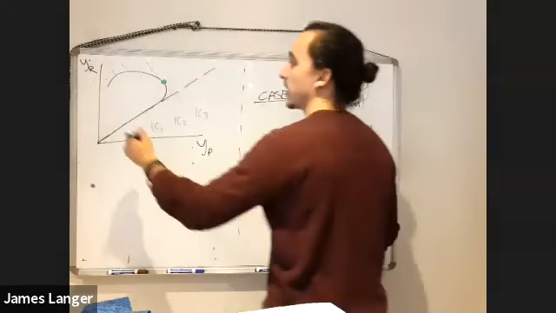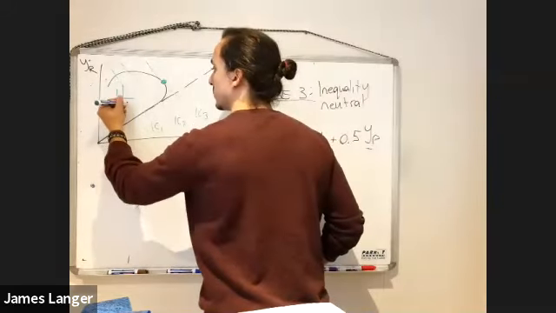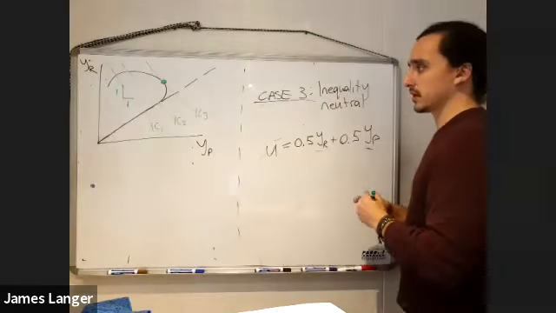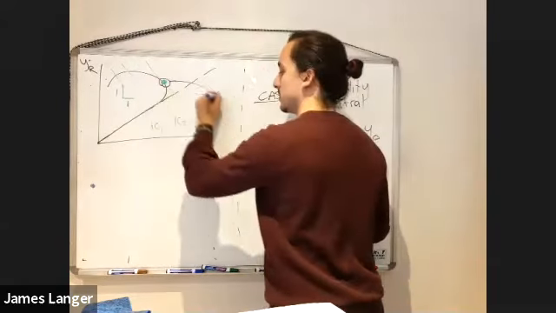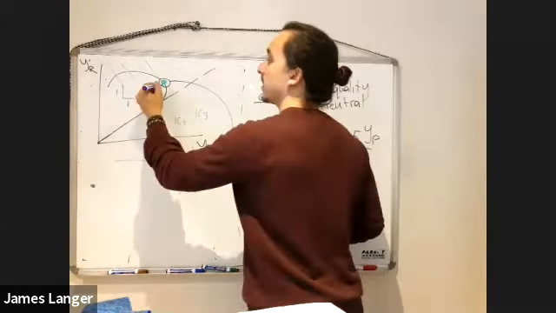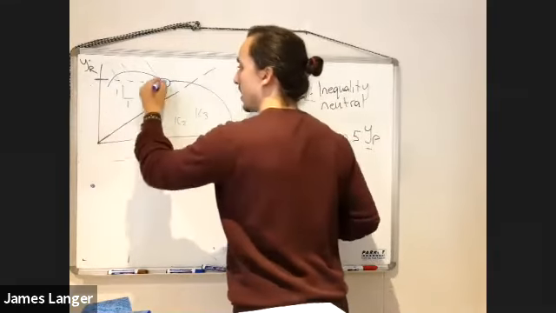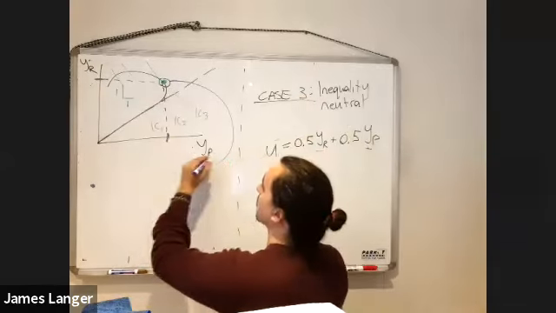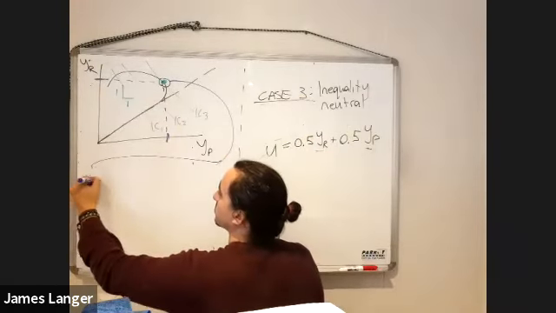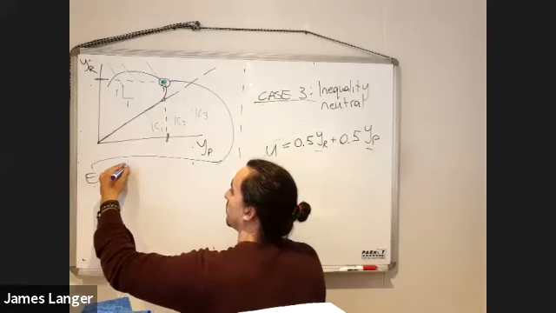Okay? Remember again, the slope is -1. Okay? So we have equilibrium at this point here. That's going to be the YR amount. That's going to be the YP amount. Okay? So this is our equilibrium.